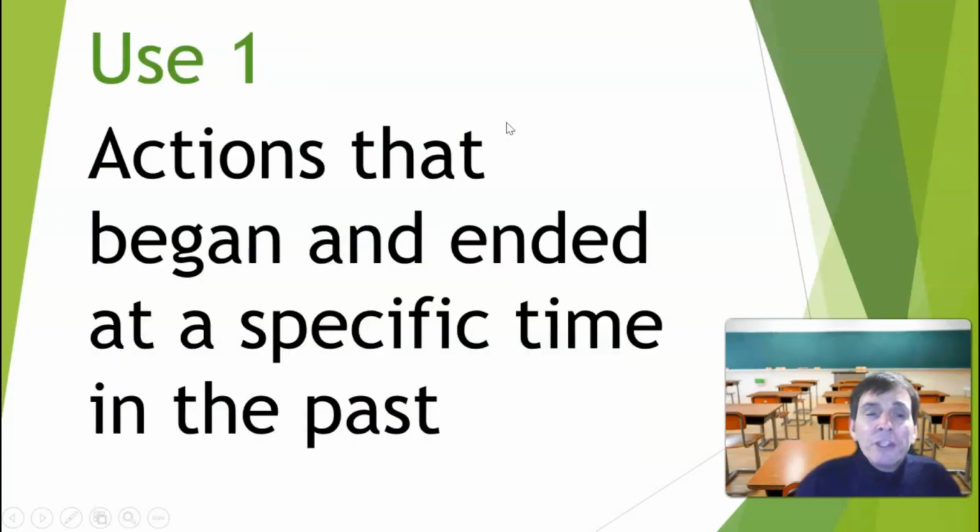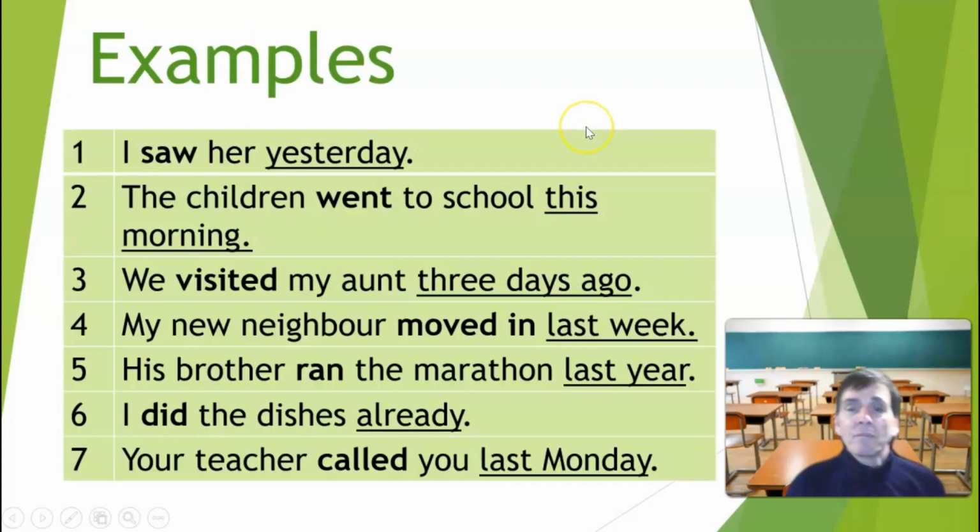So everyone, let's go on now. Let's talk about the uses. Use number 1 is to refer to actions that began and ended at a specific time in the past.